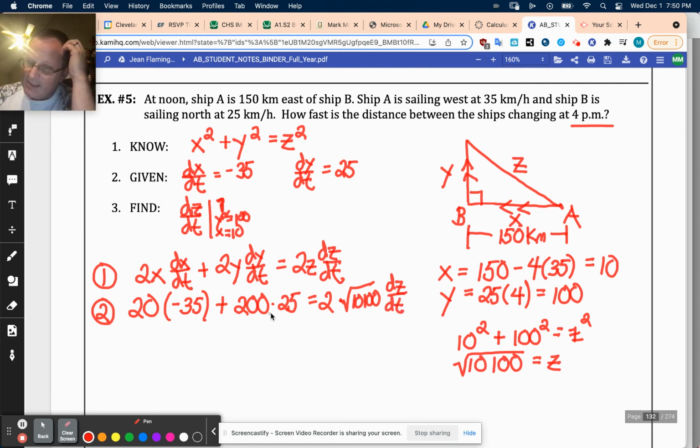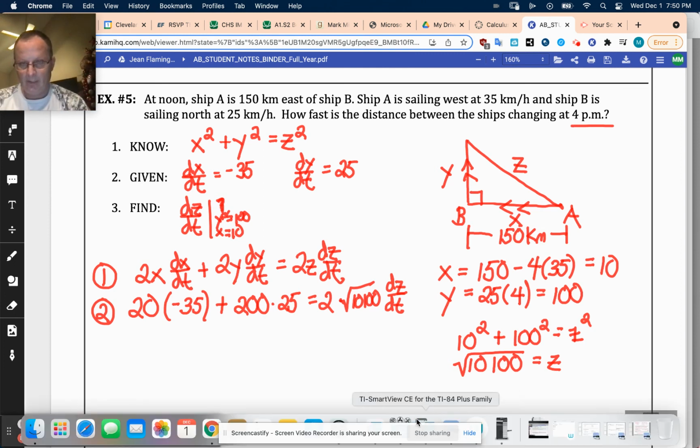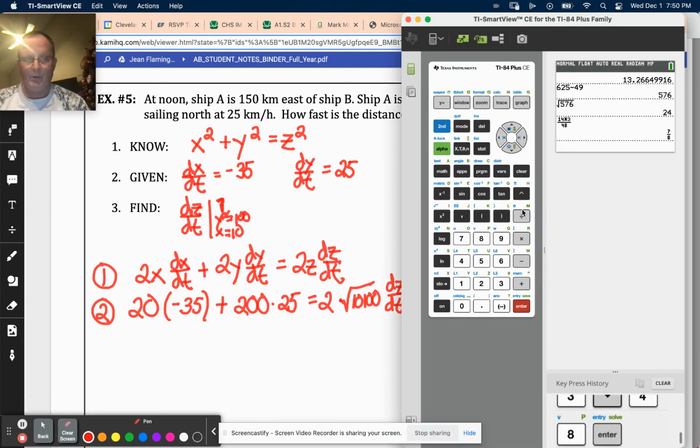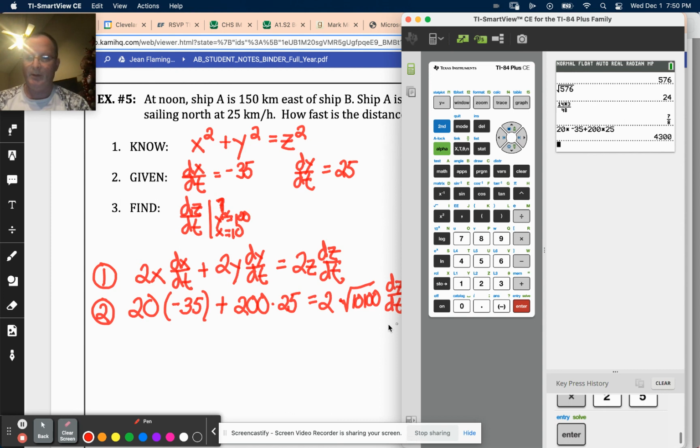All right. So I'm just going to break out a calculator here. I don't feel like thinking about all this. So what we've got, 20 times negative 35, plus 200 times 25s. That's my left-hand side. And then I'm going to divide that by 2 and also the square root of 10,100, which I'm really tempted just to leave like it is.